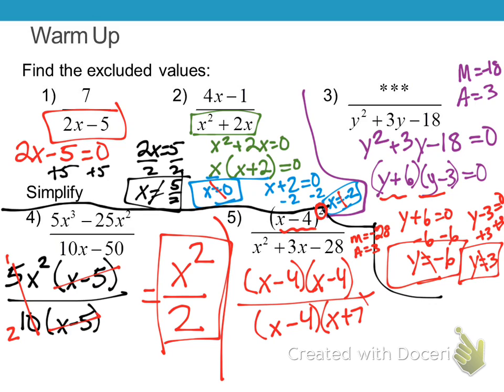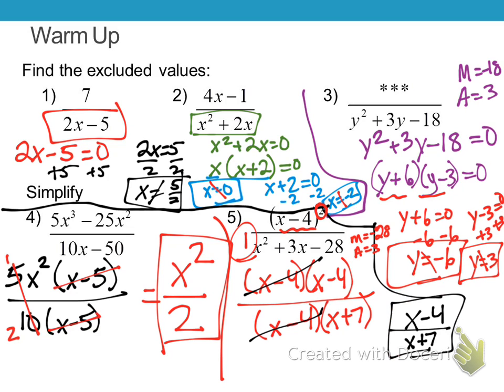Do I need to go back and divide by anything? No, the leader's a 1, so you don't really need to do that step. All right, anything going to cross out? X minus 4 and x minus 4. So I'm left with x minus 4 over x plus 7. Any questions?